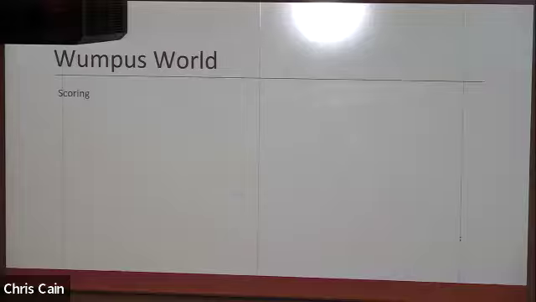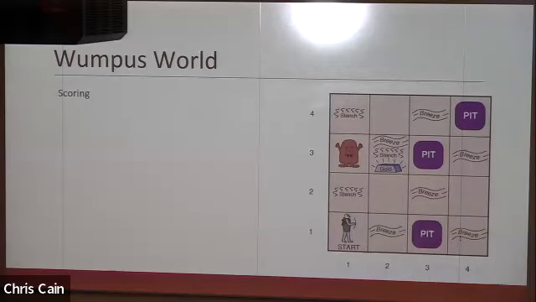So how is it scored? Here's an example of a version of the wumpus world. You would ideally be able to discover the location of the gold, grab it, and get out. If you leave the cave with the gold, 1,000 points are added to your score.